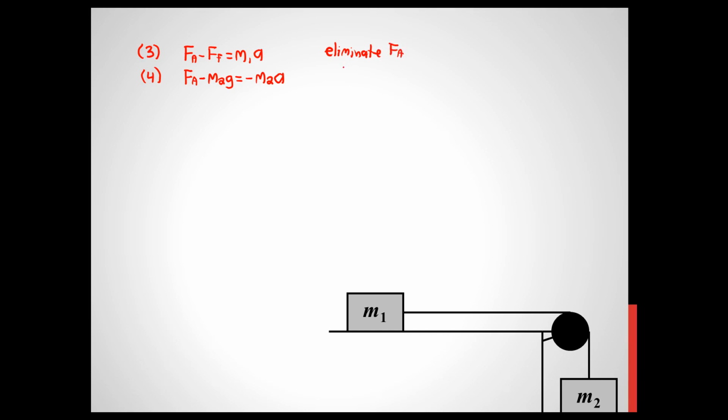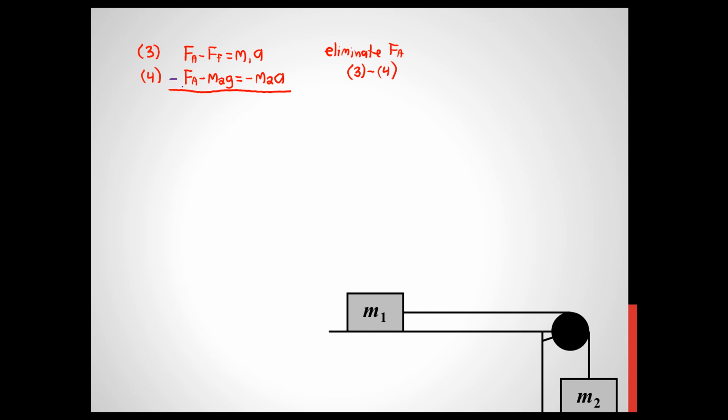The way I'm going to do this is I'm going to take equation 3 and subtract equation 4. So I'm going to go equation 3 minus equation 4. I'm going to put a little horizontal line here, and I'm going to change the color of the pen. So let's go to purple. Now I want to subtract this second equation.